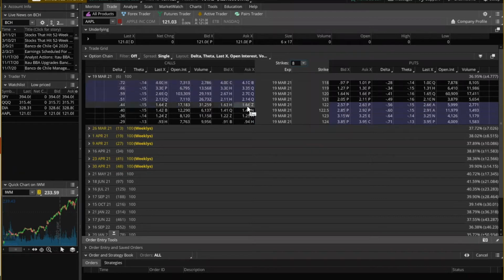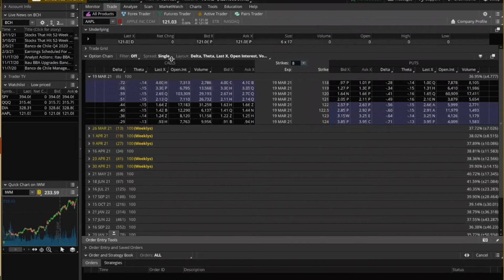And so you're putting that deposit down of $400, and say by March 19th, it's over $118. So you could buy, if you wanted to, at $118. So what you would do is this $400 that you put down as your deposit is just to hold the stock at that price.